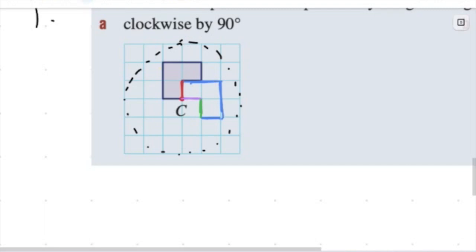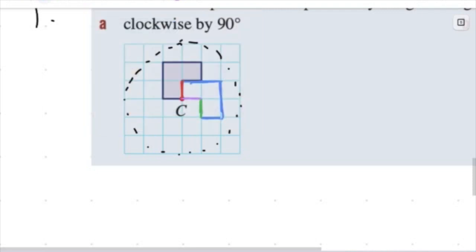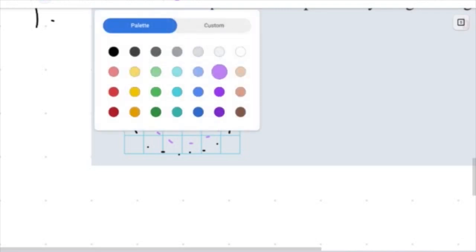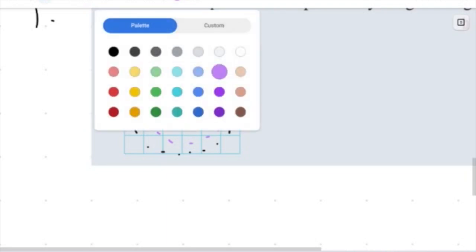So I don't know if you guys can see this, but if I draw another dotted line, let's say around here, you can see that my shape has rotated along this circle because rotation happens in a circular motion. This dot up here, let's do that in another color.